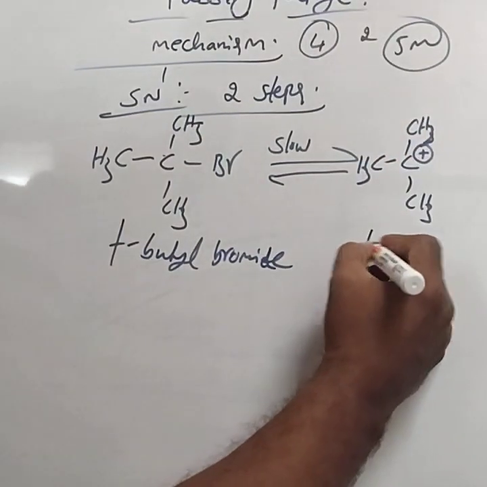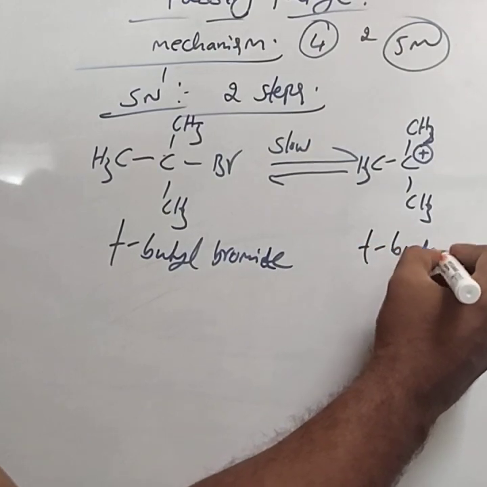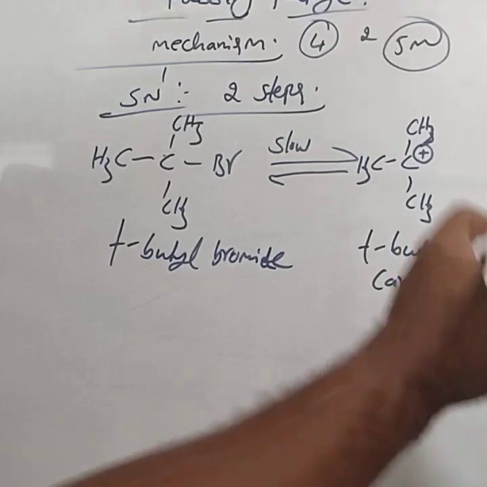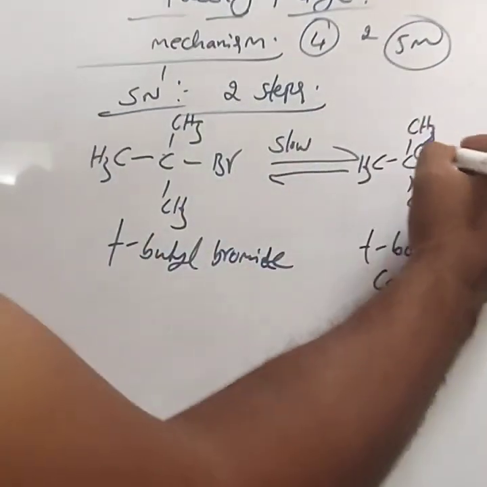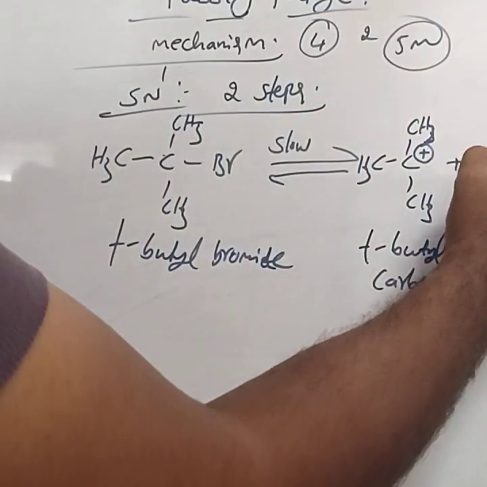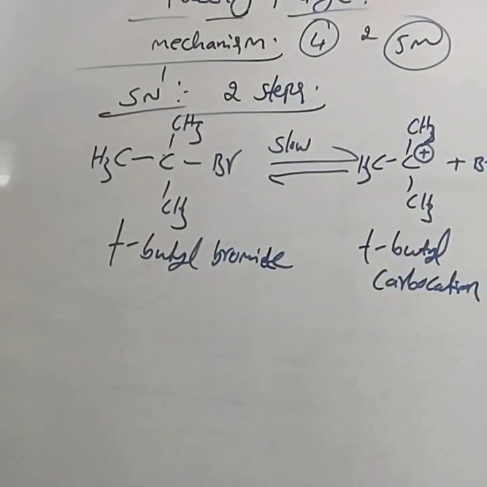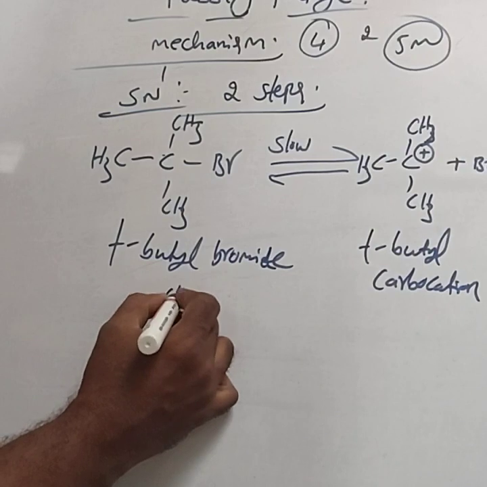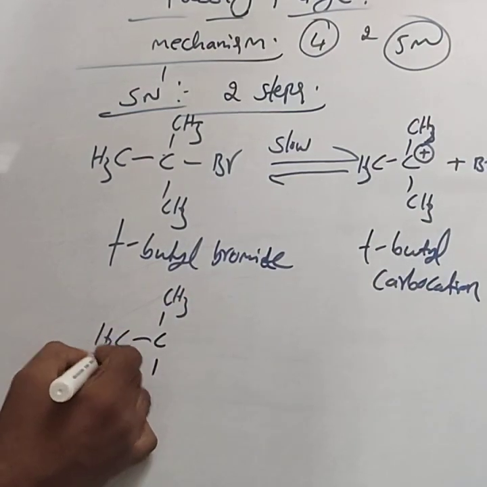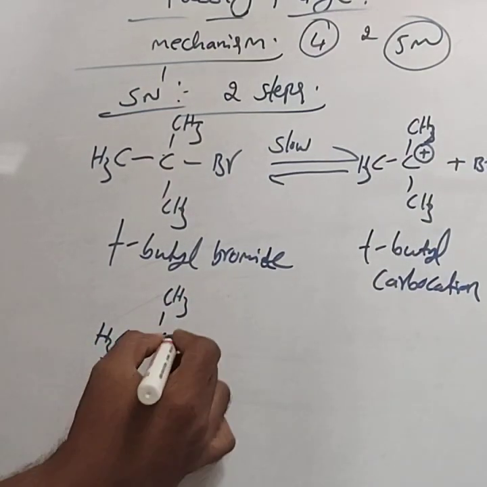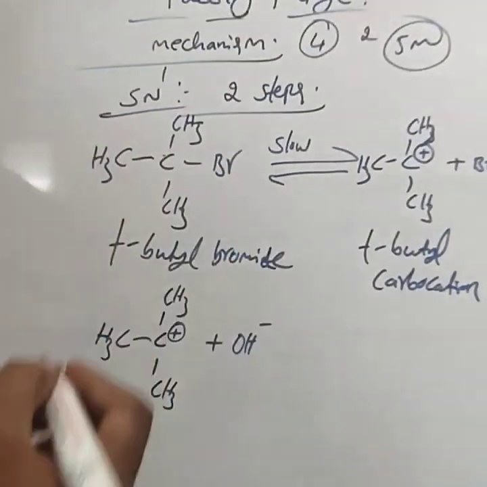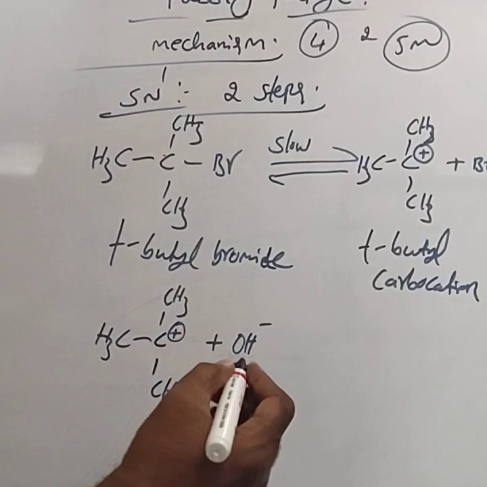This is called the tertiary butyl carbocation, and Br minus. In the second step, this tertiary butyl carbocation reacts with the nucleophile OH minus.